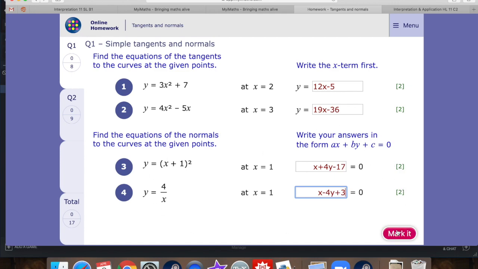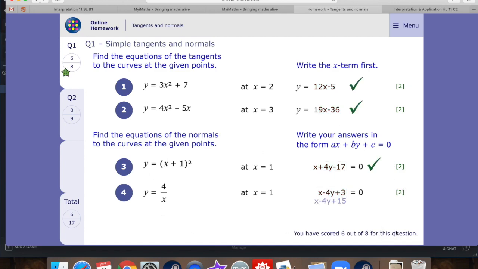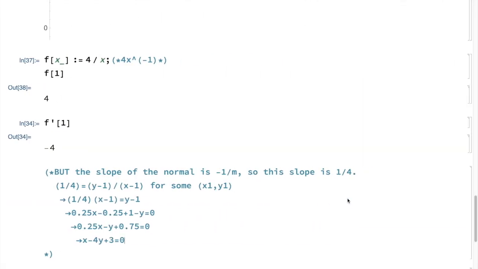Okay, let's see what I got. Plus 15. What did I do wrong? This is supposed to be plus 15. Okay, what did I do? Oh, I was supposed to put in a 4. So we plug in a 4. Now we're going to add 4 to both sides.